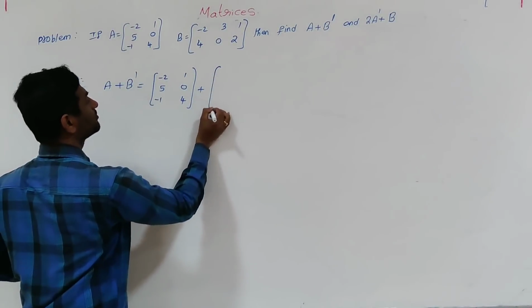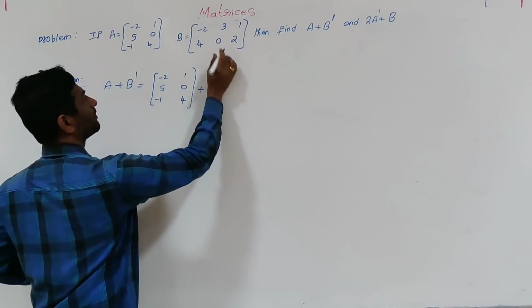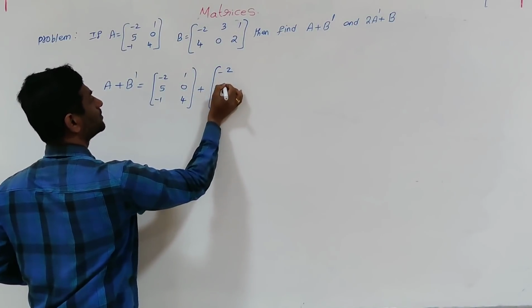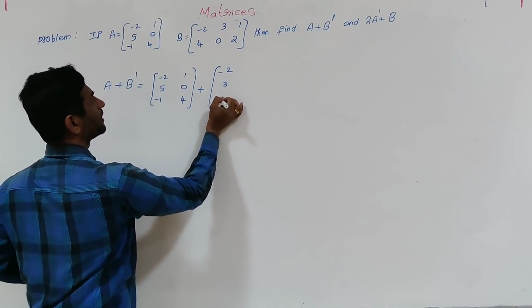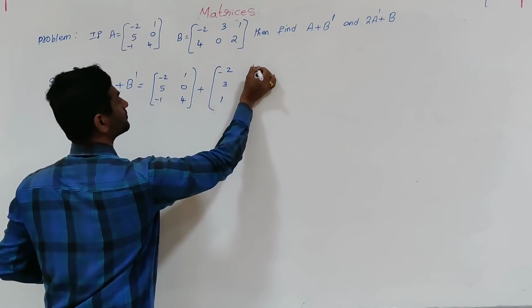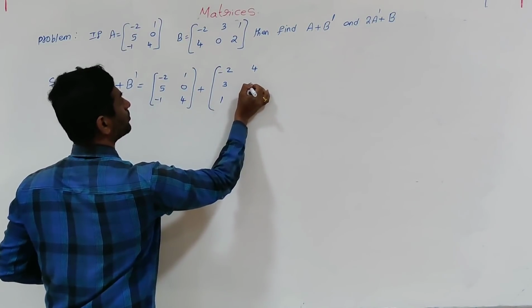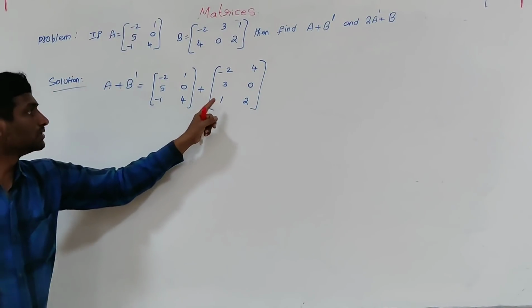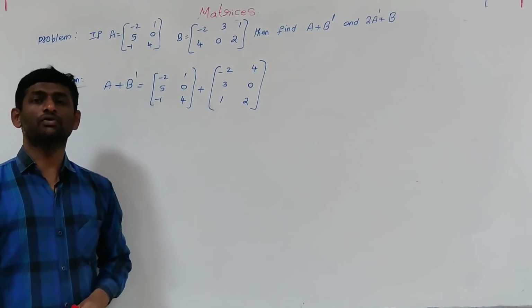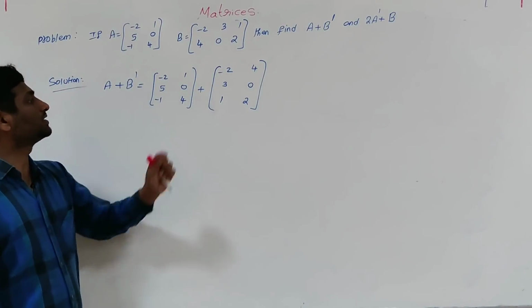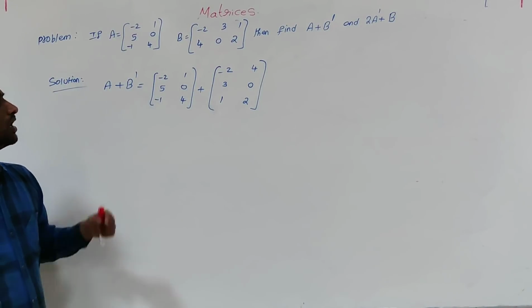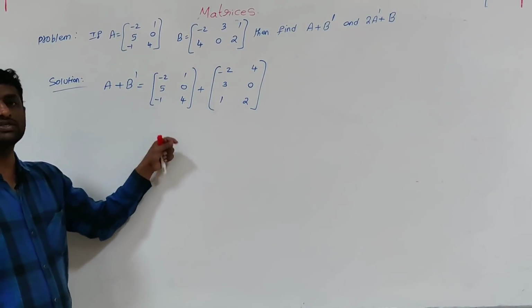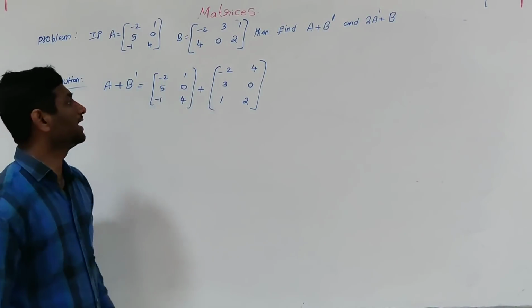So the transpose of this matrix will be: the first row becomes the first column, minus 2, 3, 1. The second row becomes the second column, 4, 0, 2. So now these two matrices will be of the same size and matrix addition is possible. How will the elements be? The elements will be the sum of the corresponding elements.